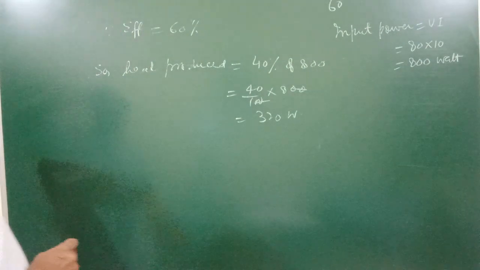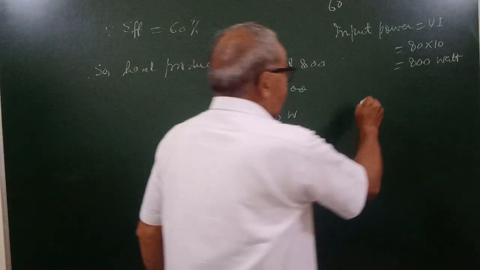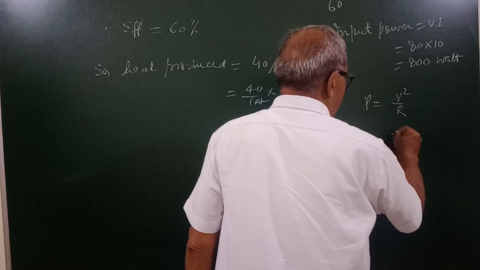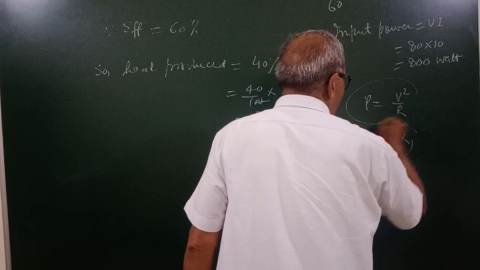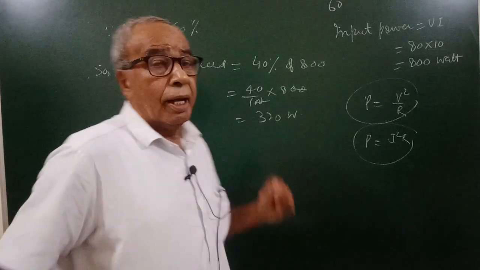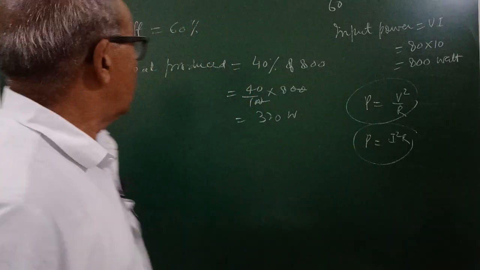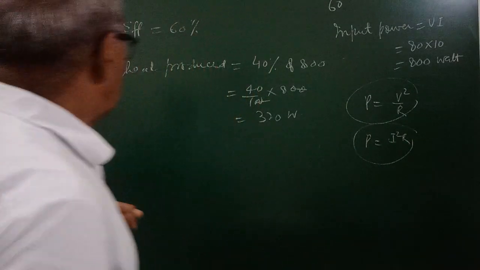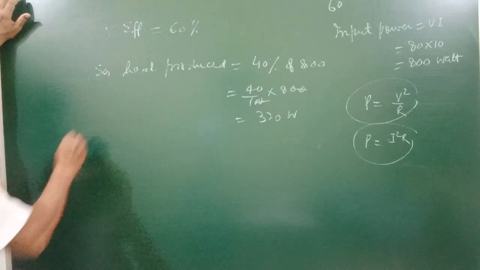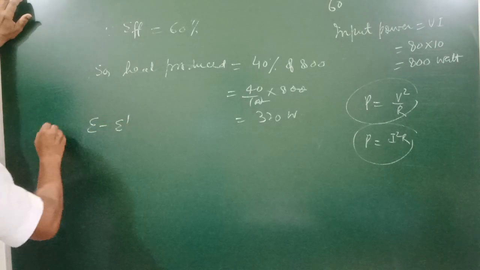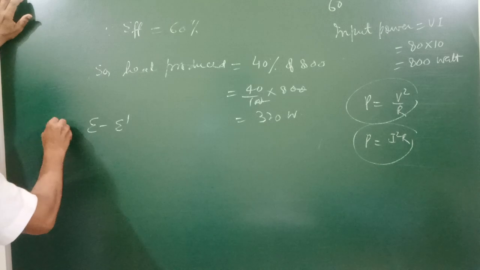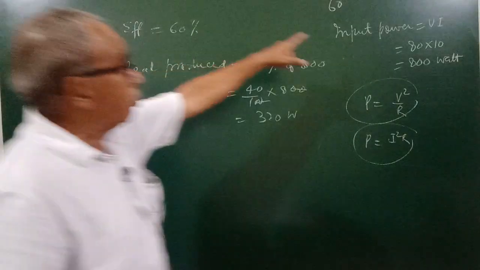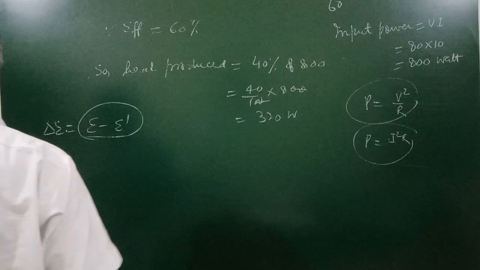So here is the problem. We can't apply the power formula V square by R, or the formula I square R, directly, as we need to find resistance. Actually, when it is at full speed, listen very carefully, this is not written in any book. When the motor is at full speed, the net EMF will be E minus E dash, where E is the applied EMF, 80 volt, and E dash is the back EMF.